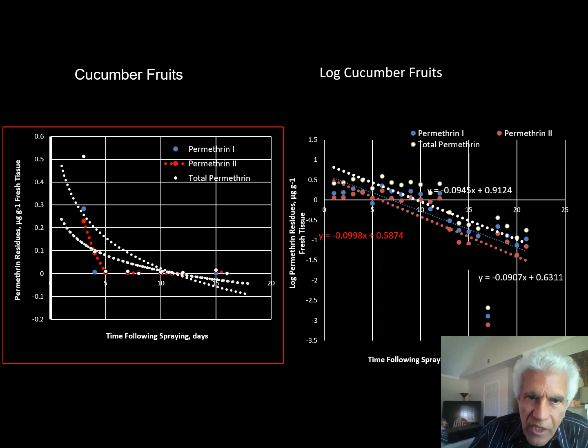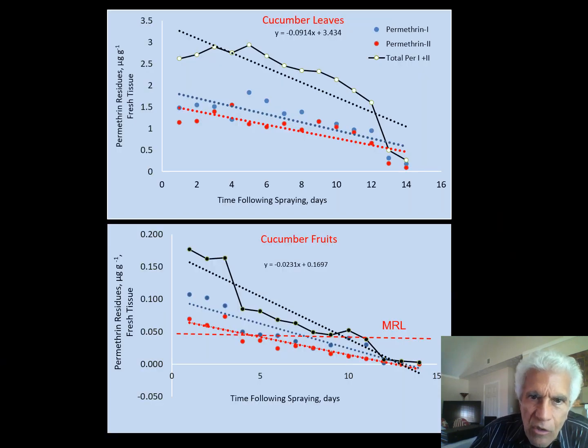So we made graphs here based on the residue dissipation of the pyrethroids and also the log residues to get the half-life values. You can see here that cypermethrin and permethrin can be easily quantified using the identification of each peak.